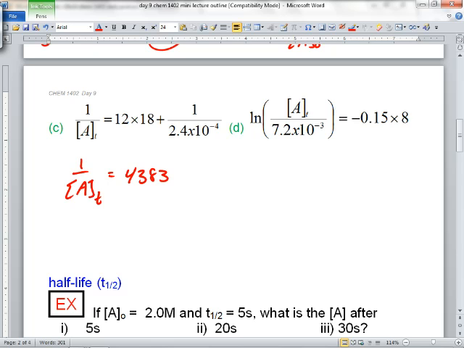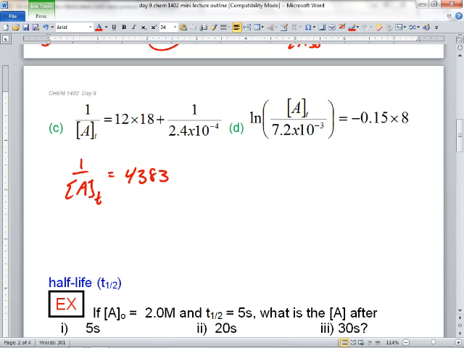So if you're not comfortable with that, just do it in steps. That's fine. But it's kind of easier. It's less writing. It's already in the calculator, so just write plus and then 12 times 18. If you want to do it in parts, that's fine.